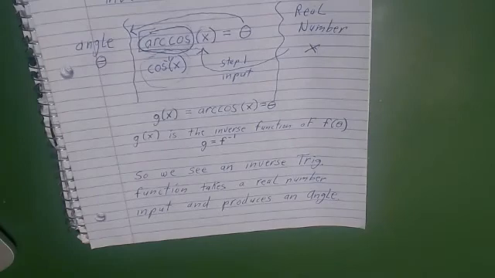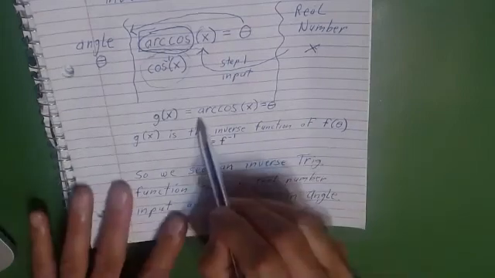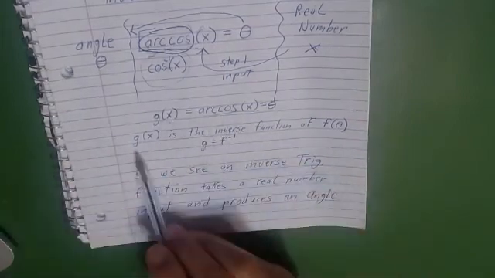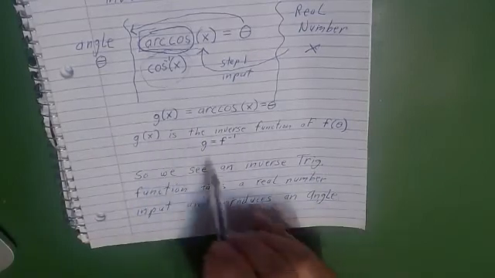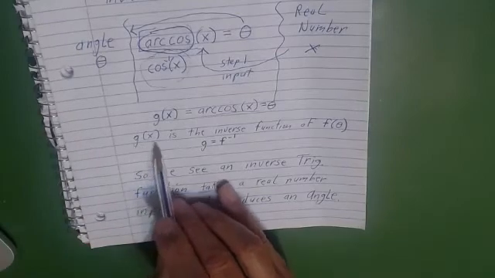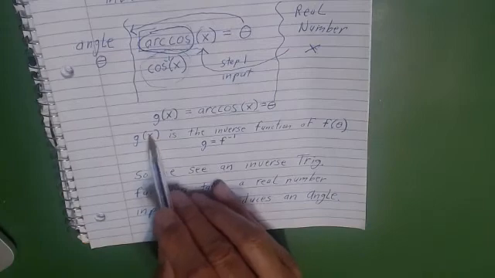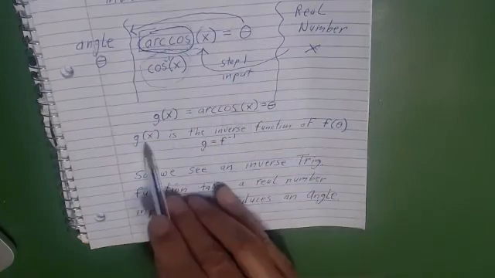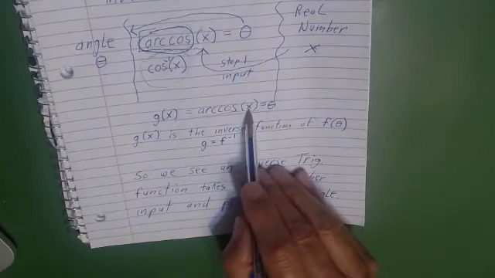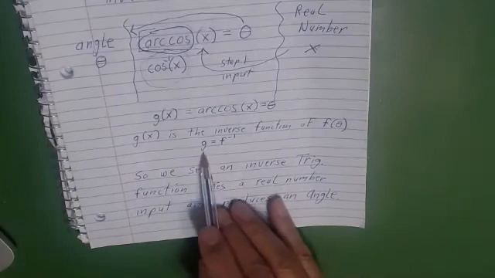And you could write this arc cosine x as g of x. So you could just give it this different name, right? And if you do that, g of x technically is a value. It's the value that you obtain when you plug x into this function. So g of x is this value theta for this value of x, right? But the name of this function is just g.